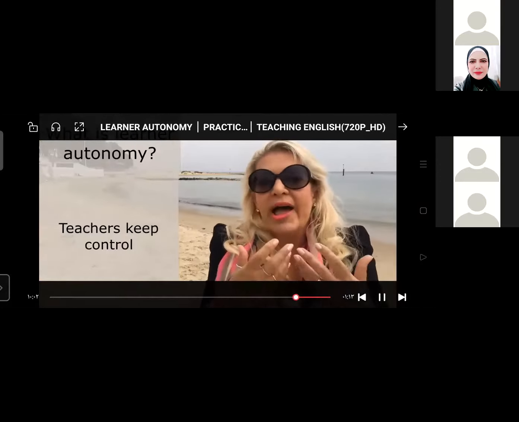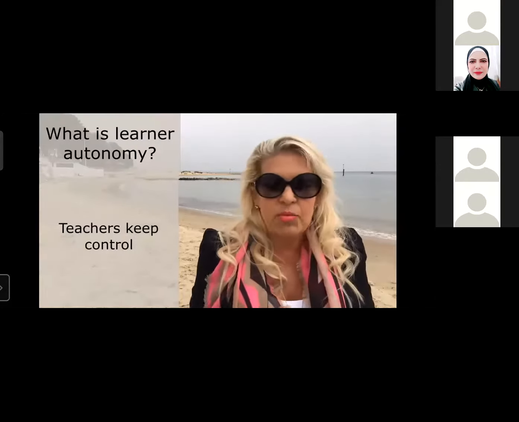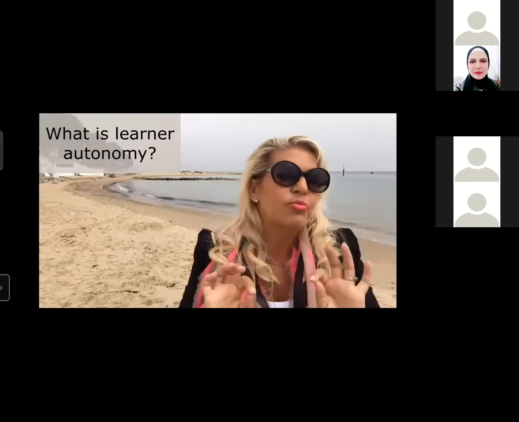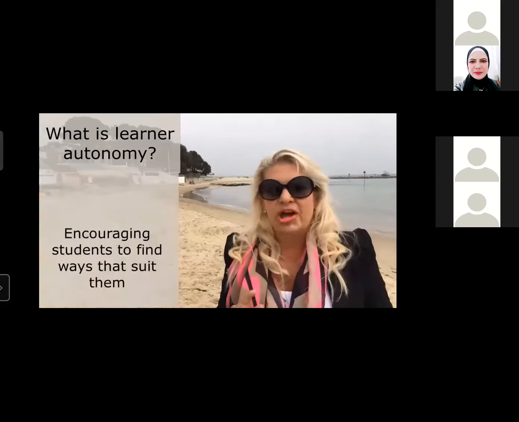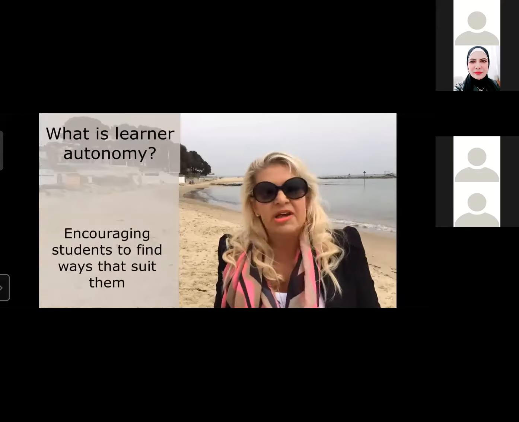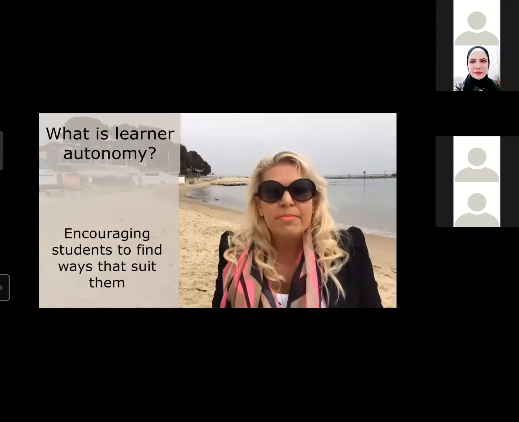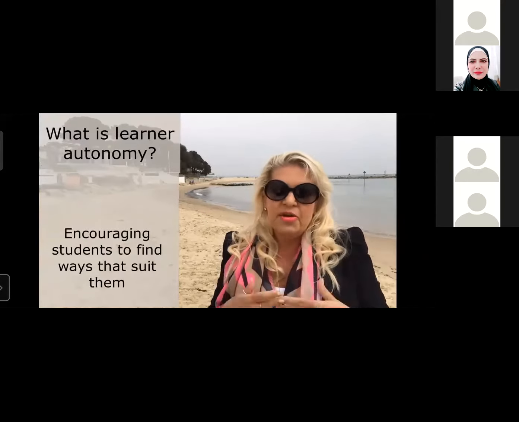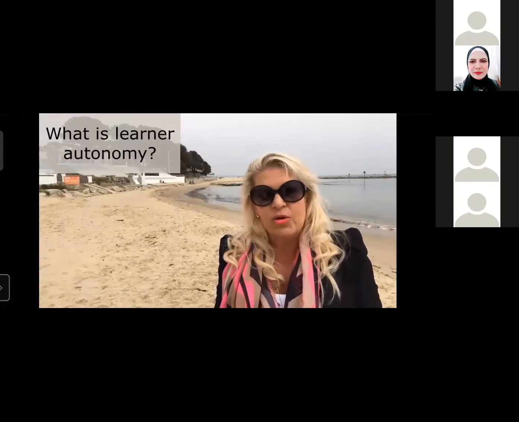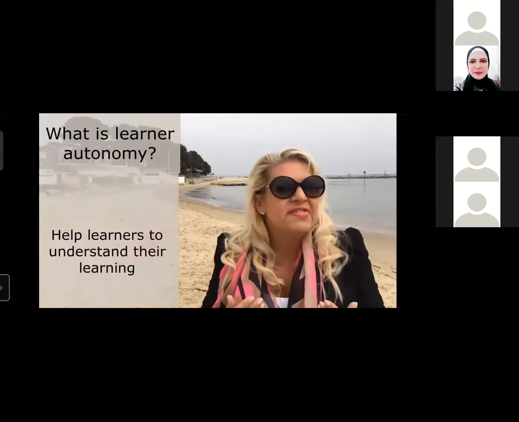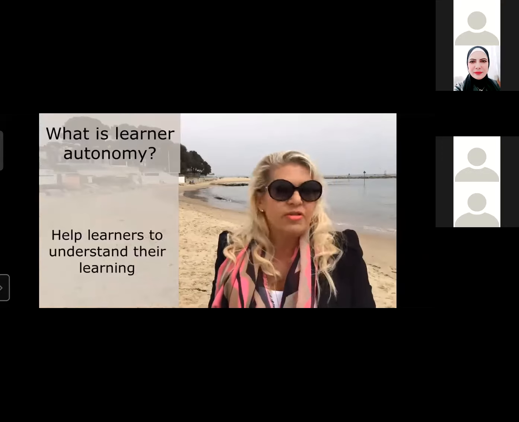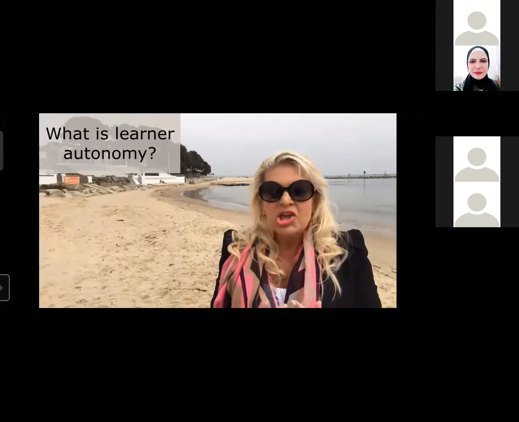More independent learners, you're helping them. And without you, they would not be able to do any of this. You're very much in charge of the whole process. You, as the teacher, will be encouraging your students to find ways of learning that suit them, what works for them and means something for them. So therefore you'll improve the quality and the results of their language learning. You'll help learners to understand their learning and become aware of their own strengths and areas that they need to work on.